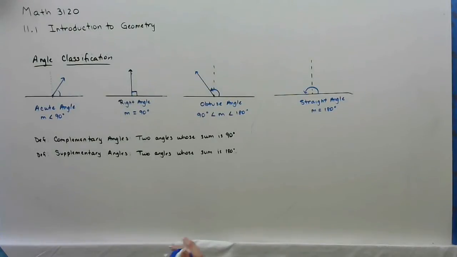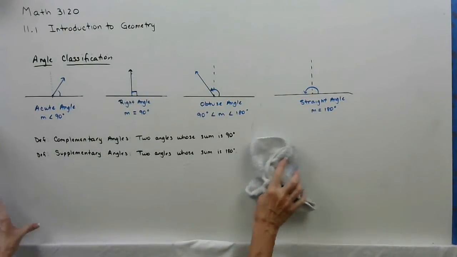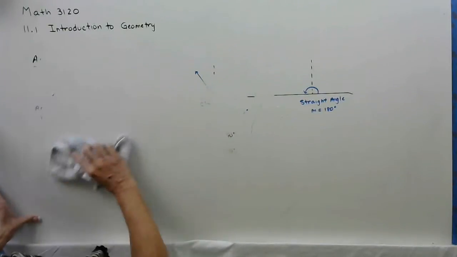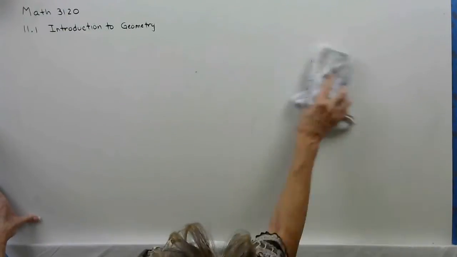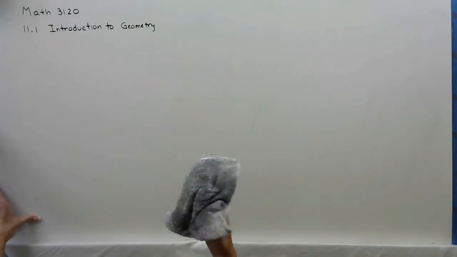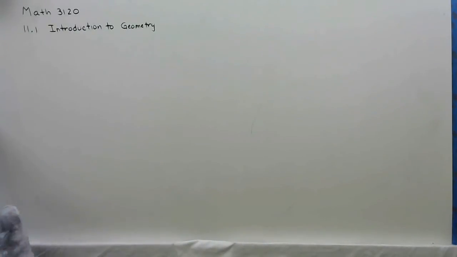All right, so the last part of this section has to do with our circles. And I'm going to be freehanding our circles since we're going to be looking at several parts of a circle. They might be easier to see in the book, but circles and angle measures.